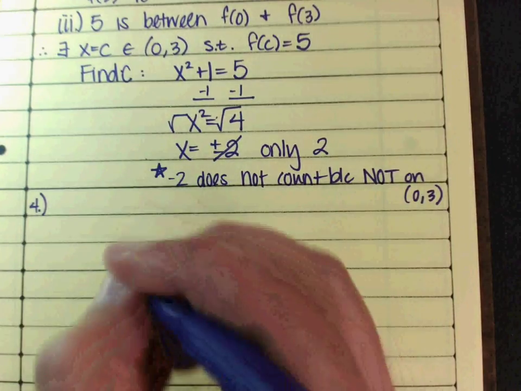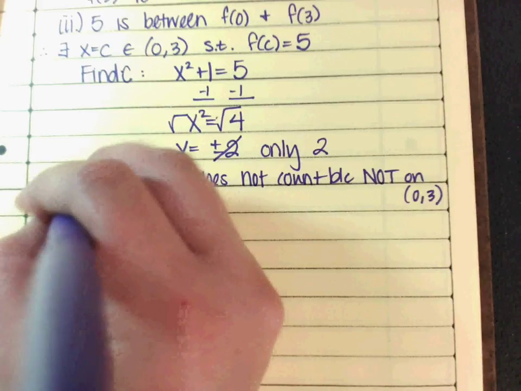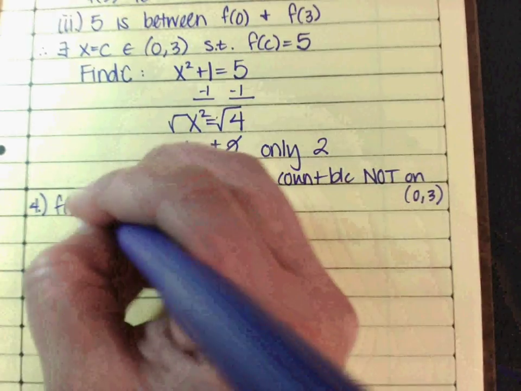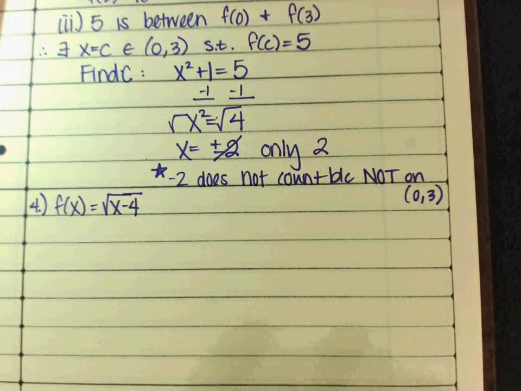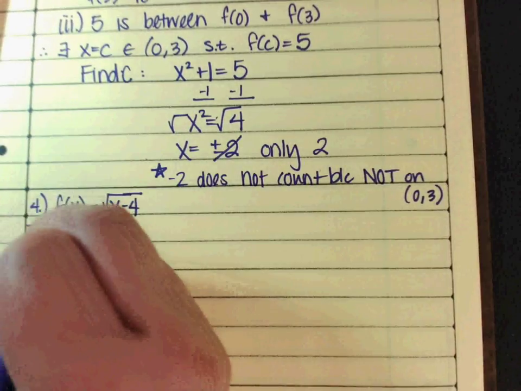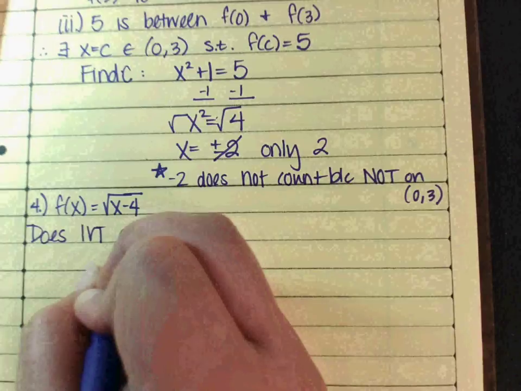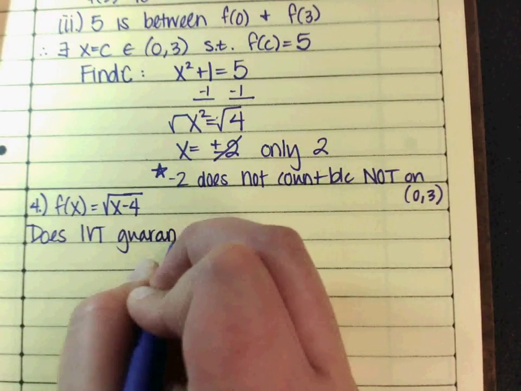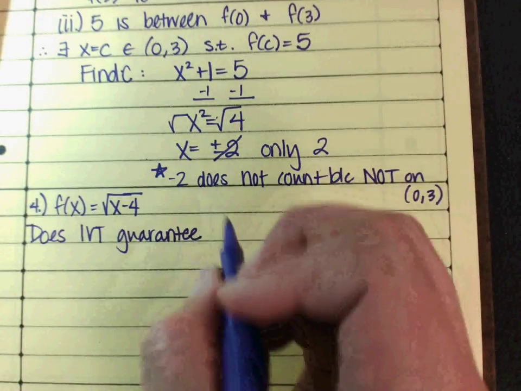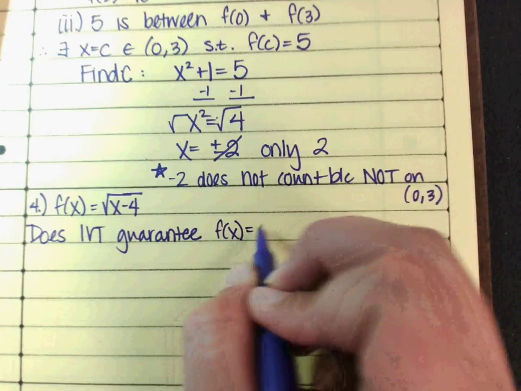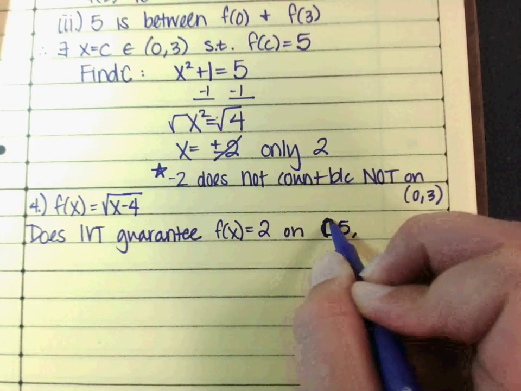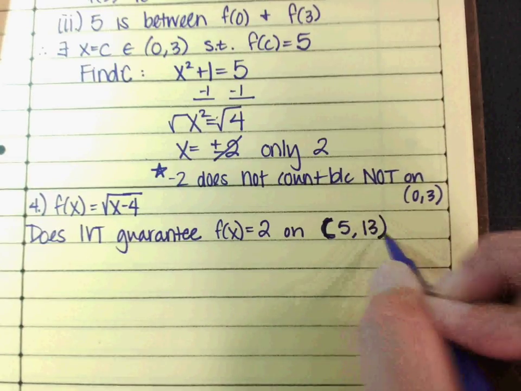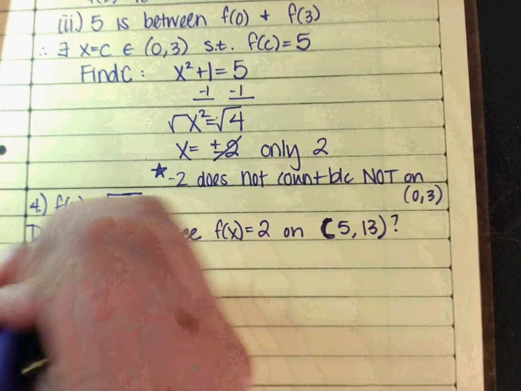Alright, next one. F of x equals square root of x minus 4. Question is, does IVT guarantee f of x equals 2 on 5 to 13?